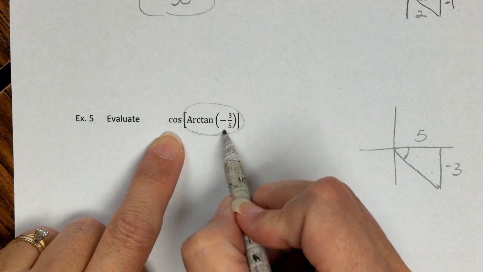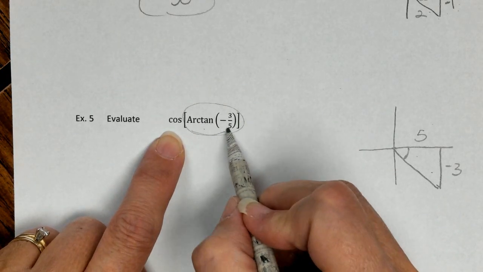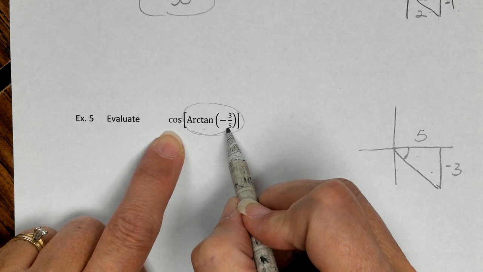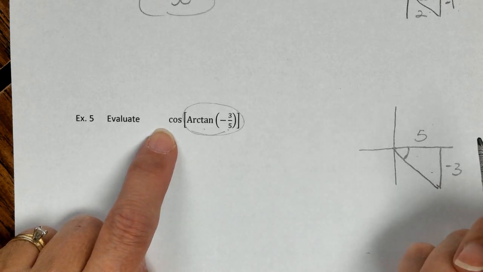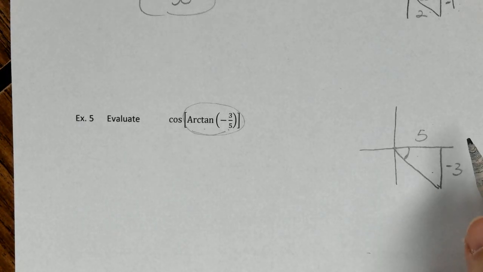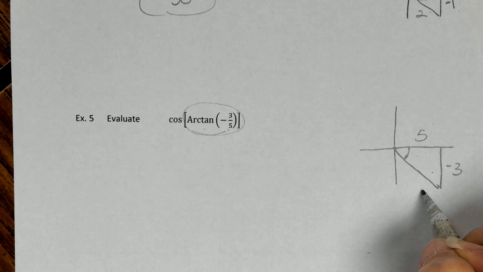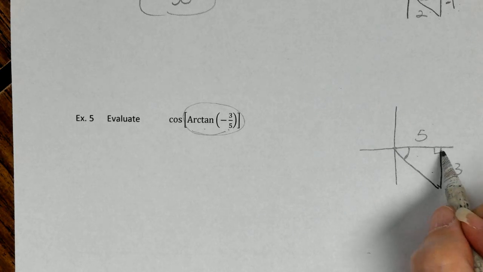This part right here is the angle whose tangent is negative 3/5. Okay, but our final answer won't be that angle. It's just the cosine of it. So here's the angle. I need the cosine. Cosine is adjacent over hypotenuse. I need the hypotenuse. Okay, so now we're doing Pythagorean theorem.